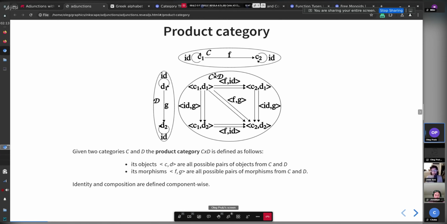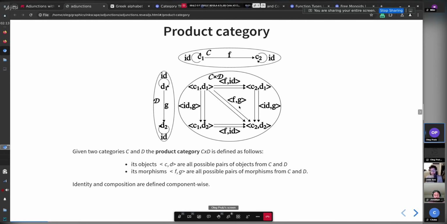Now same goes for morphisms. So if you have a morphism F in C between C1 and C2 and a morphism G in D from D1 to D2, you can form a morphism in the product category, which is a pair of morphisms F and G. I chose to emphasize this.